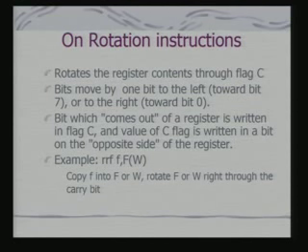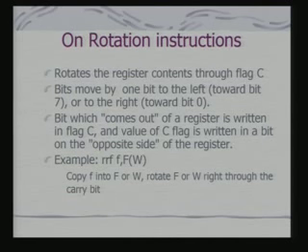The bit which comes out of a register is written into flag C, and the value of the C flag is written in a bit on the opposite side of the target register. That means the original content of C now becomes what? The least significant bit or the most significant bit of the target register.